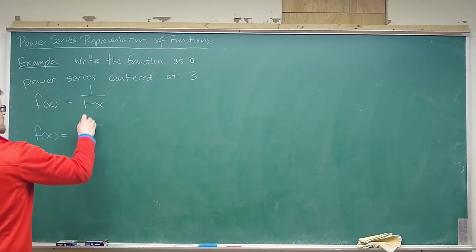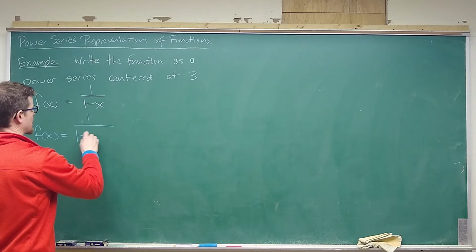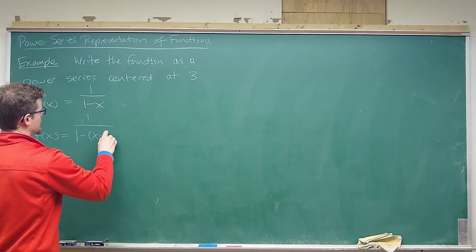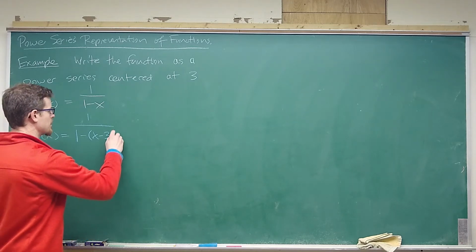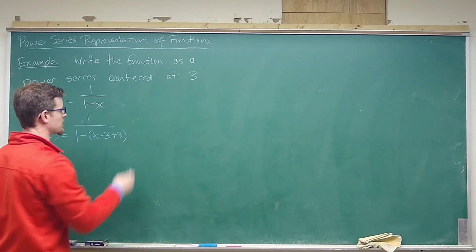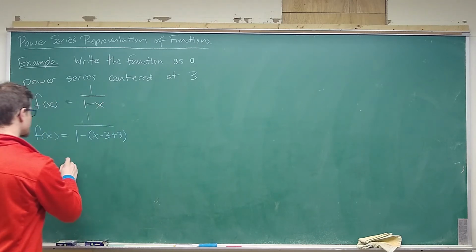So I'm going to write this as 1 divided by 1 minus, and I need x minus 3. But of course I can't just subtract 3, so minus 3, add 3, and everybody's happy because the 3's cancel out and we have the same thing.